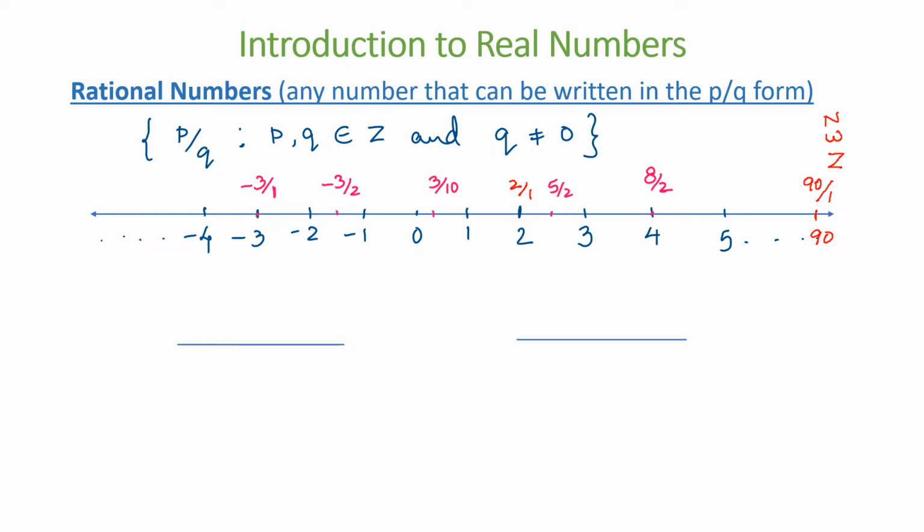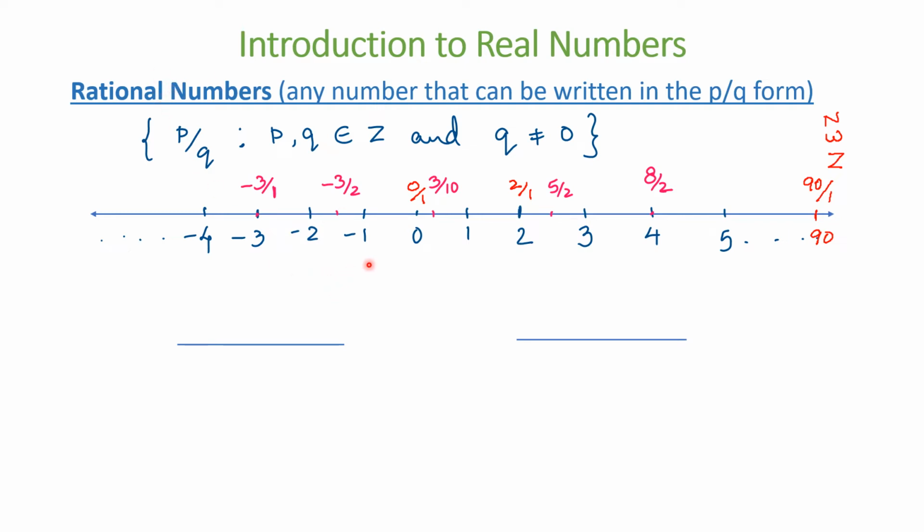That means all the natural numbers can be written in the p by q form. In the same way, for whole numbers, that is adding 0, 0 can be written as 0 upon 1. That means 0 will also become a rational number.